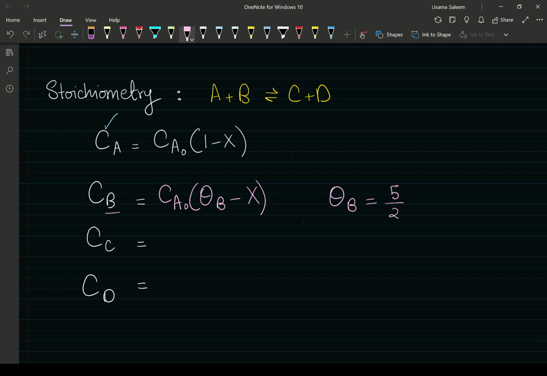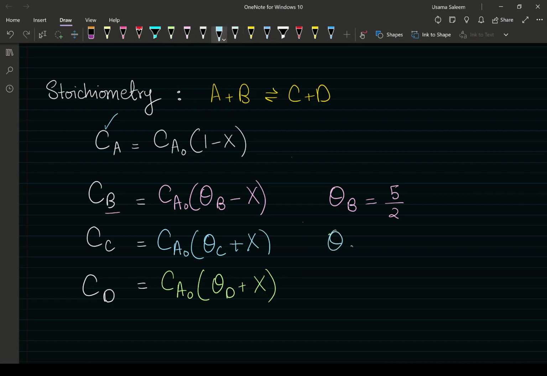For C, C_A0 times (theta_C plus X), and for D, C_A0 times (theta_D plus X). In these two cases theta_C is going to be 0 because we are starting off with no products. Theta_D is also 0. No products initially.